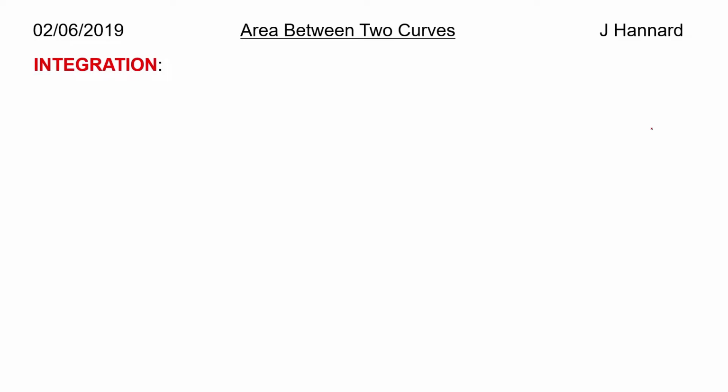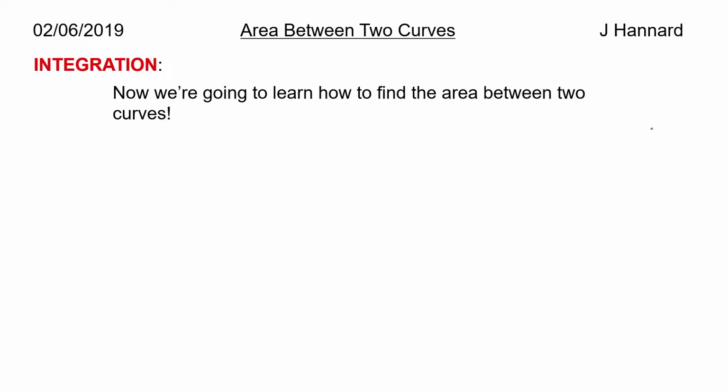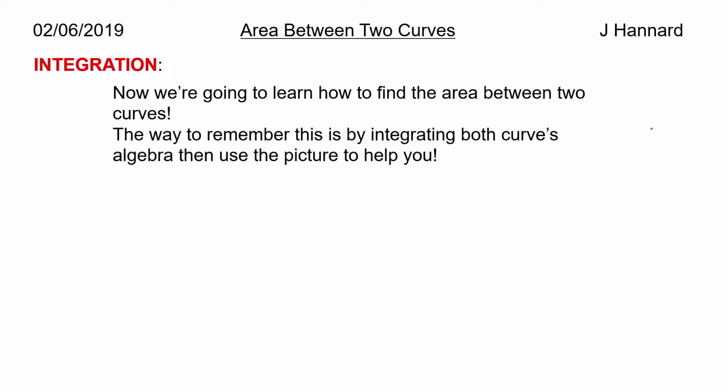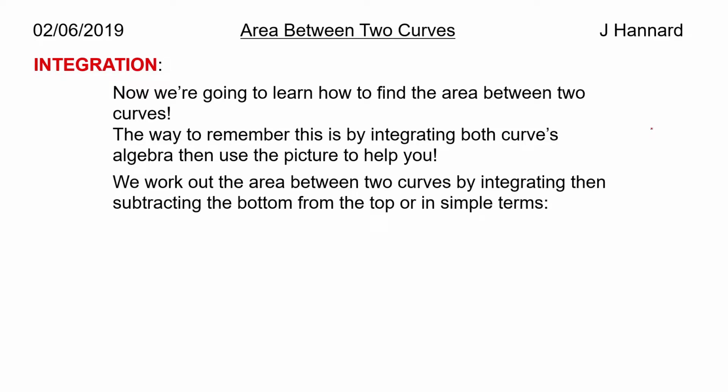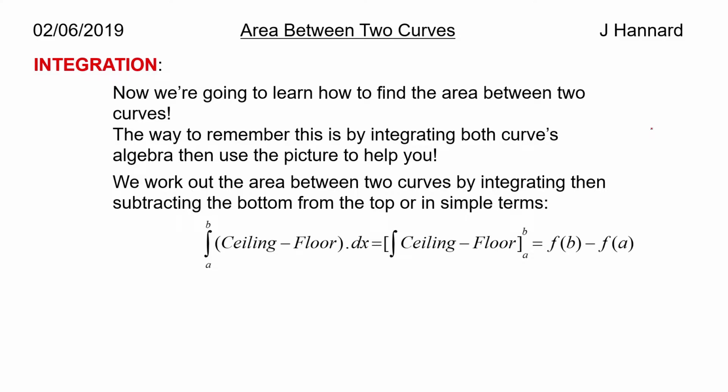Now then, let's think about two curves. We're going to learn how to integrate or find the area between two curves. The way to remember this is by integrating both curves algebraically, then using the picture to help you. So we work out the area between the two curves by integrating, then subtracting the bottom from the top, or in simple terms, the integration between a and b of the ceiling take the floor with respect to x is equal to the ceiling take the floor integrated between the limits b and a, which is still equal to f of b minus f of a.